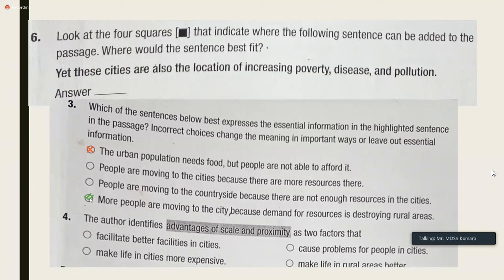Okay, so this is exactly what is said in this sentence, or like last time also I explained this to you with examples. So then this one is the correct answer option here.